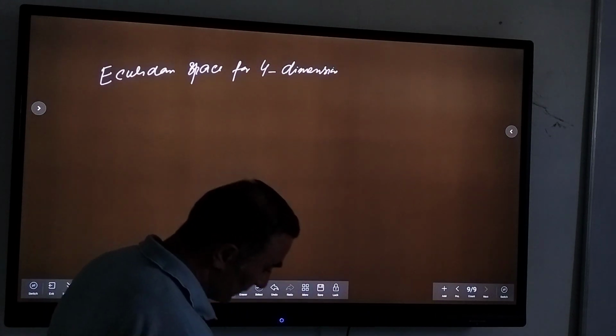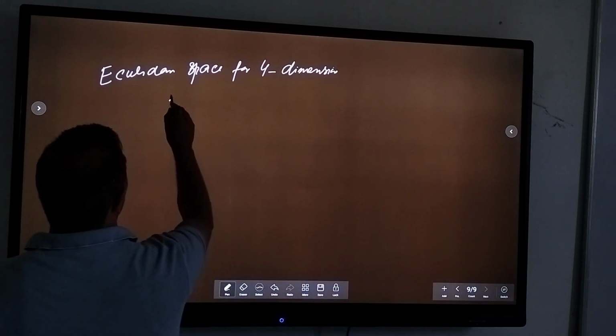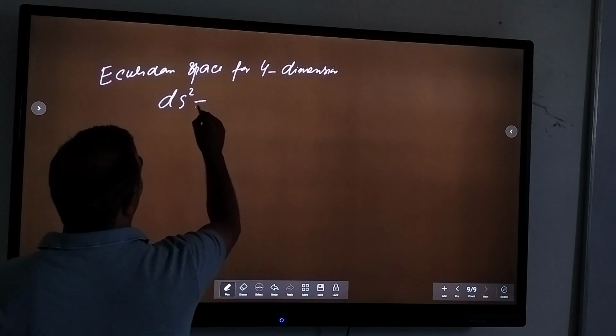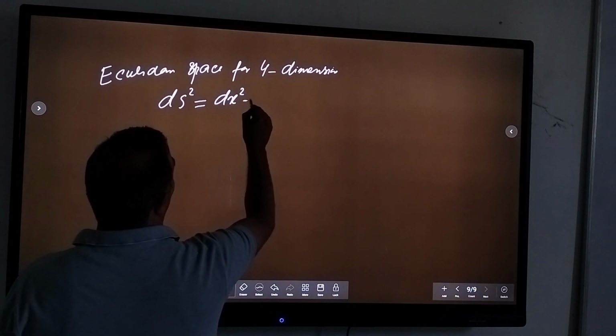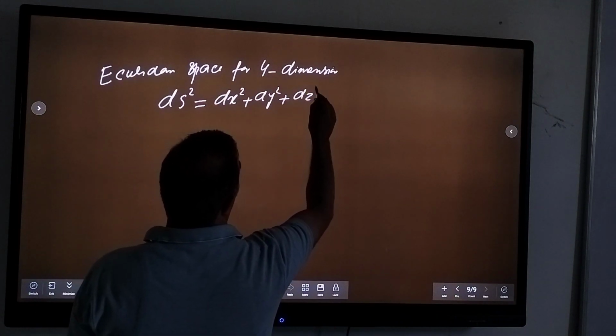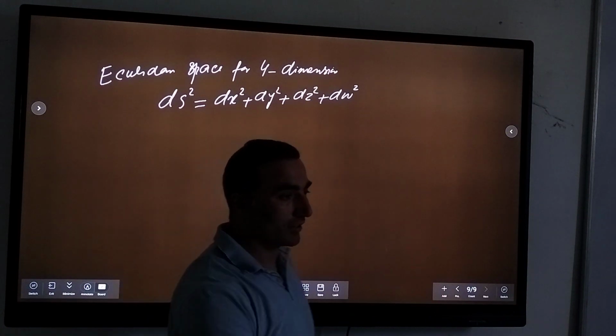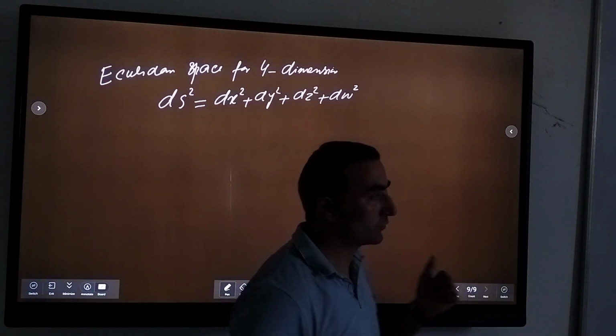Then I can write our ds square. It's not mandatory to write for 3D, you can also go for 4-dimensional space.